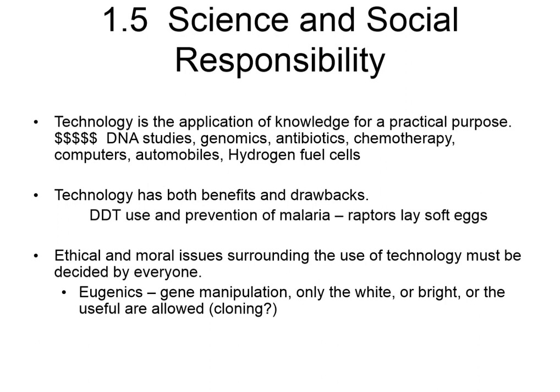Also, when you deal with science, take note that there is need for social responsibility. Our technology is important, but we also need to know that it has both benefits and drawbacks. I mean, DDT was used to prevent malaria, but it caused some other problems.